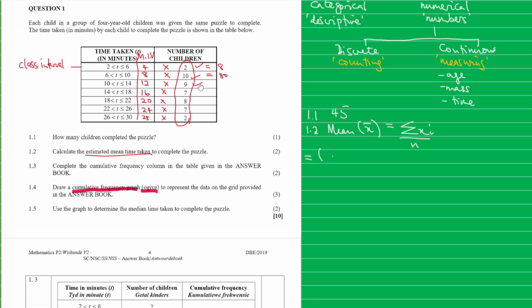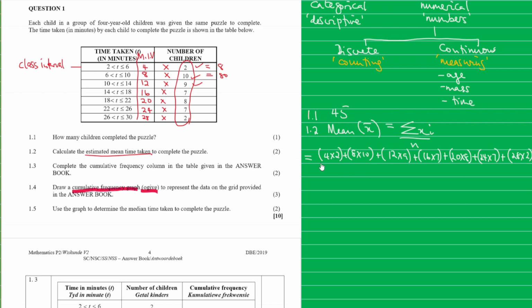But by way of explanation, we can say this is 4 by 2 plus 8 by 10 plus 12 by 9 plus 16 by 7 plus 20 by 8 plus 24 by 7 plus the last entry 28 by 2.